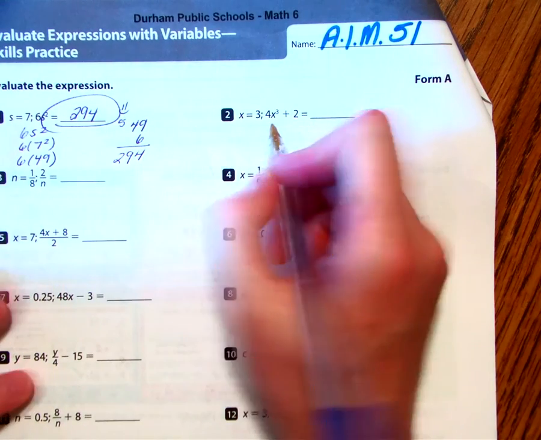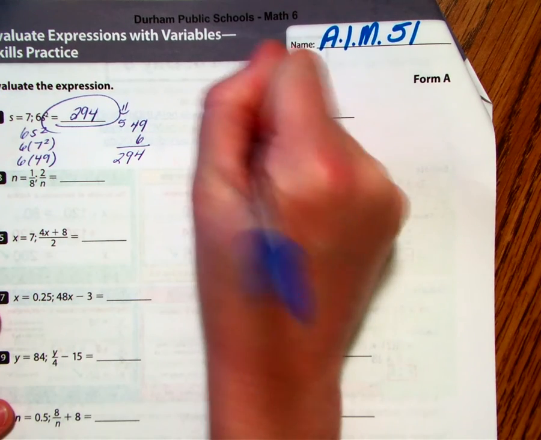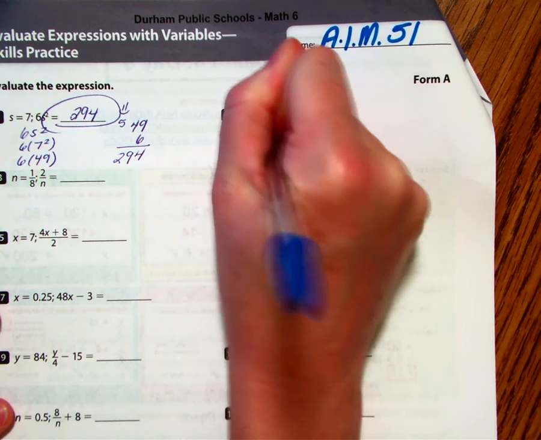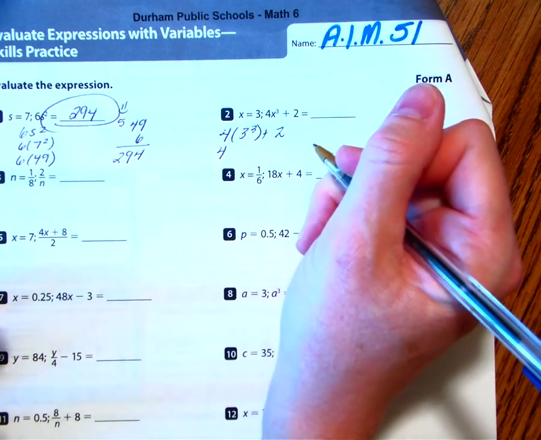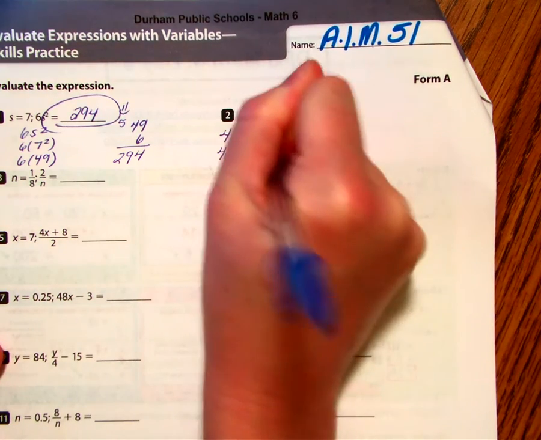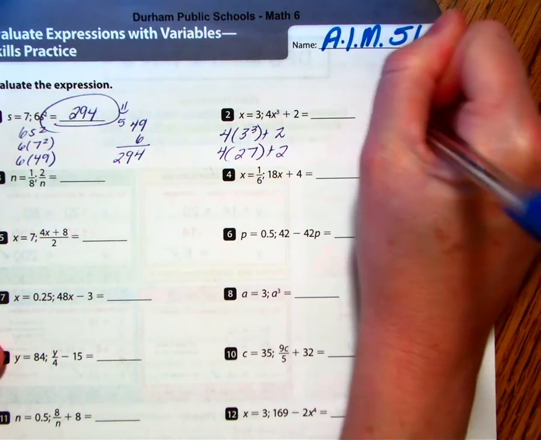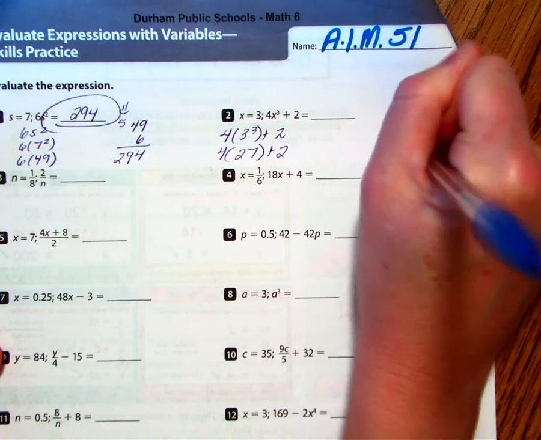X equals 3. 4 times 3 cubed plus 2. 3 cubed is 3 times 3 times 3, which is 27. 4 times 27 plus 2. 27 times 4. 4 times 7 is 28. Put down your 8.